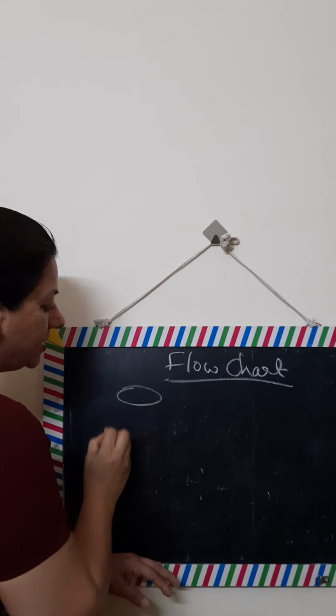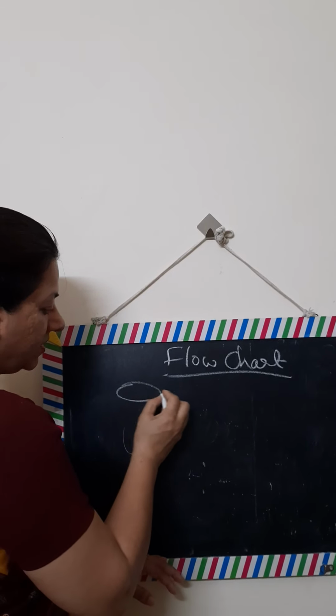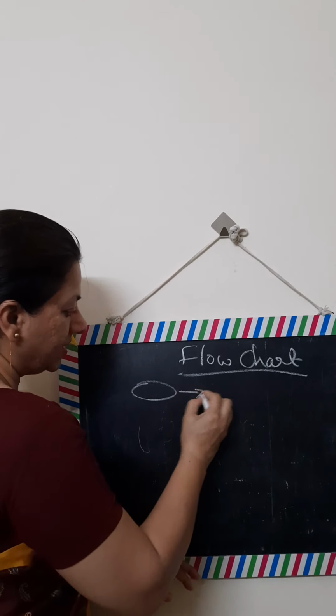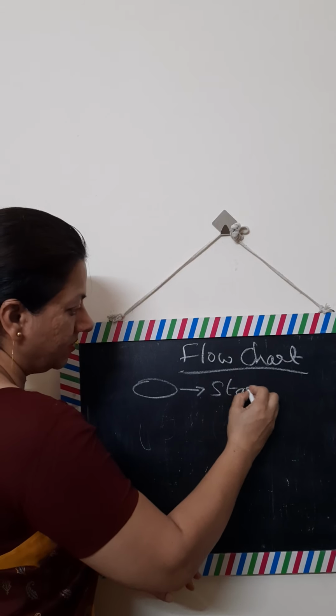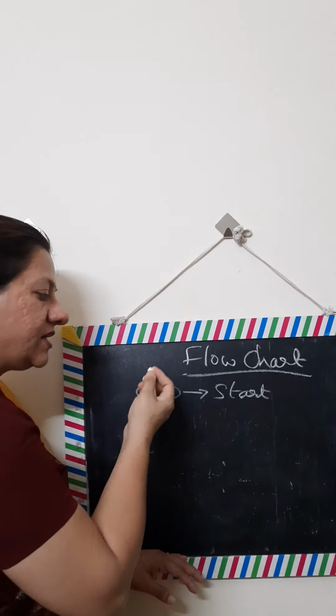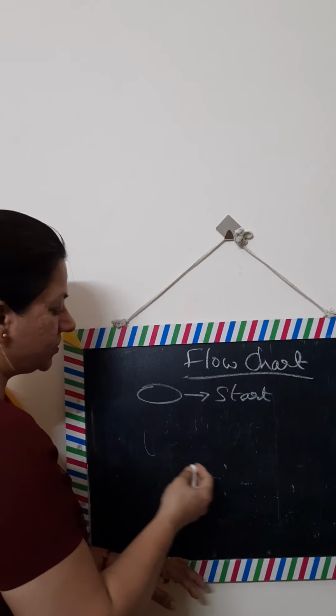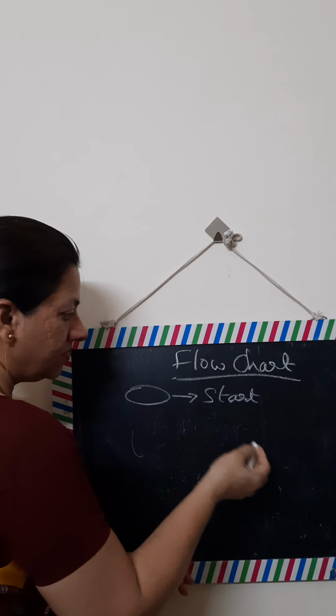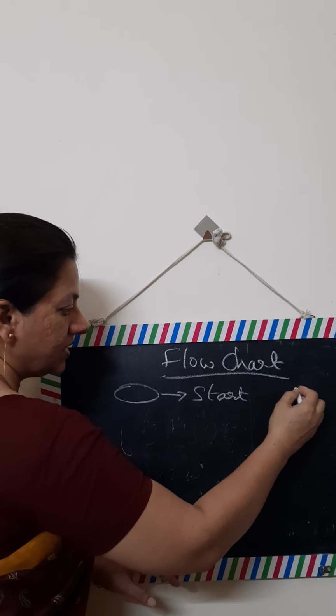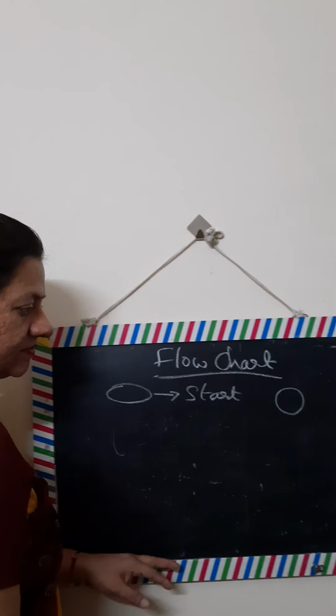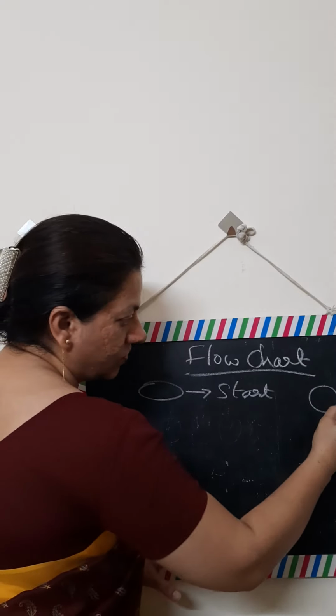Start and stop. Start is given usually like this. Mostly it is used like this, and some of them make start and stop together, so they put slash and stop. But the traditional approach says that stop will be like this. This is stop.